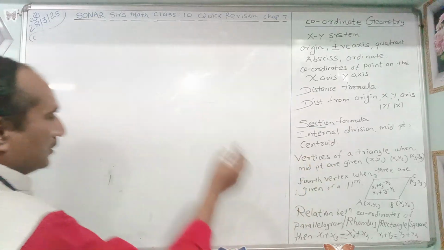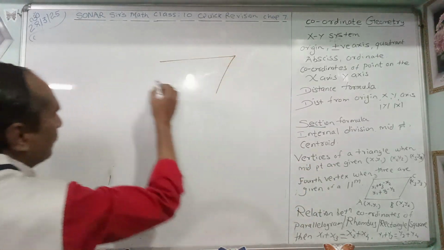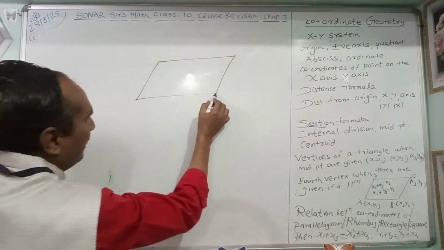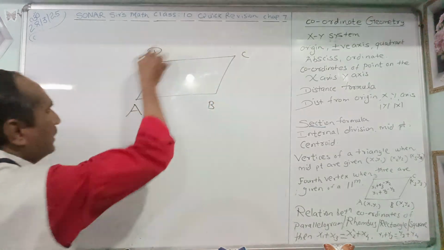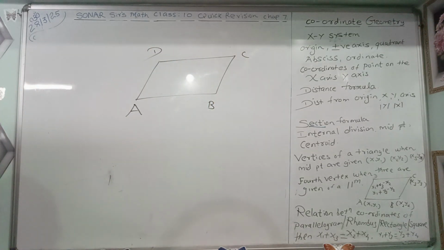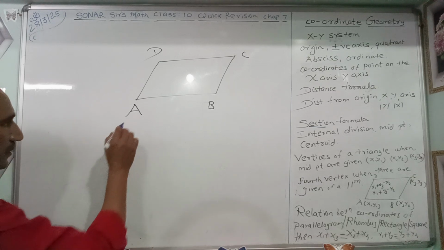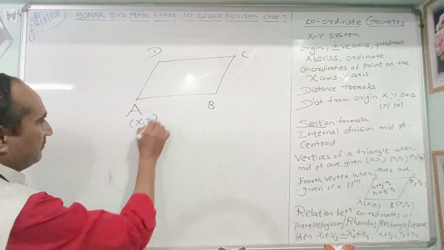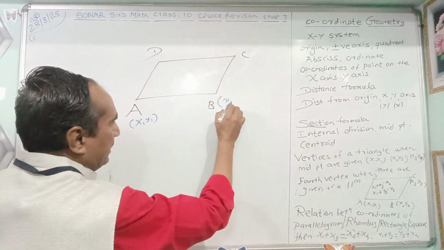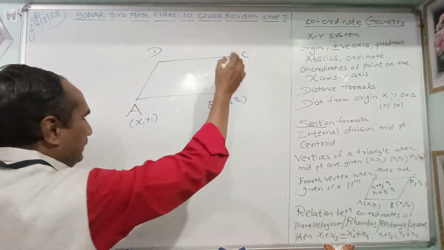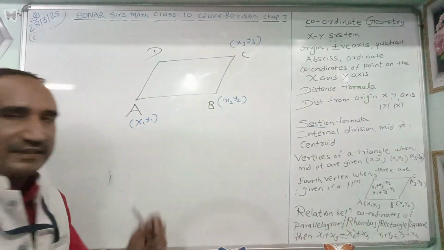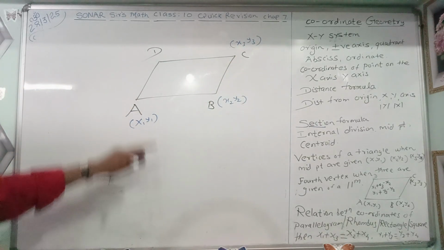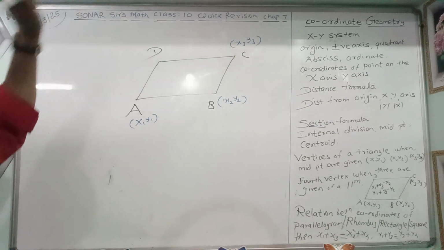So if three vertices of a parallelogram ABCD are given, we are given coordinates of A as x1, y1, B as x2, y2, and C as x3, y3, and it is asked to find the fourth vertex, that is D.